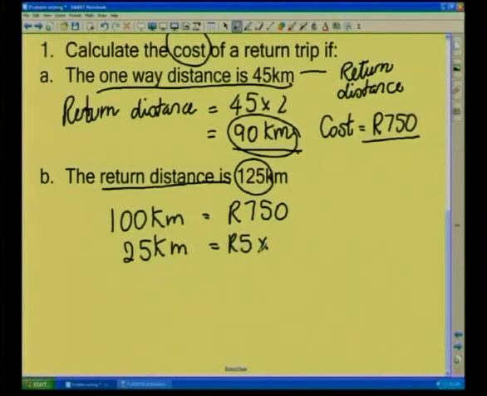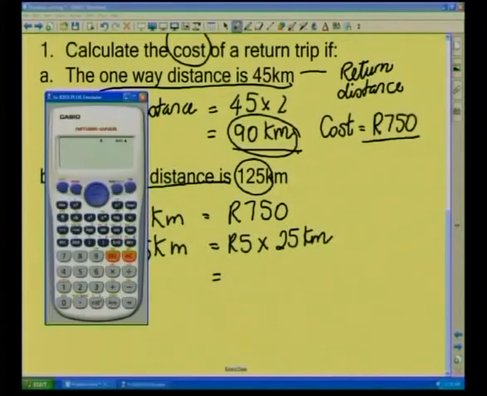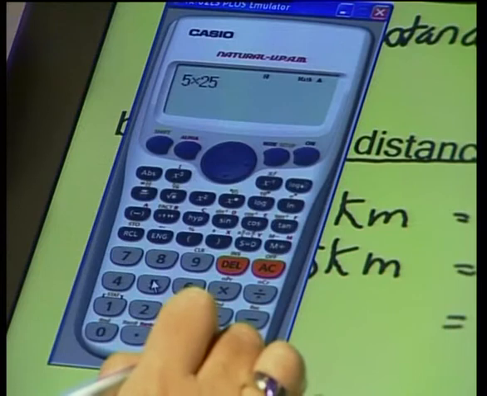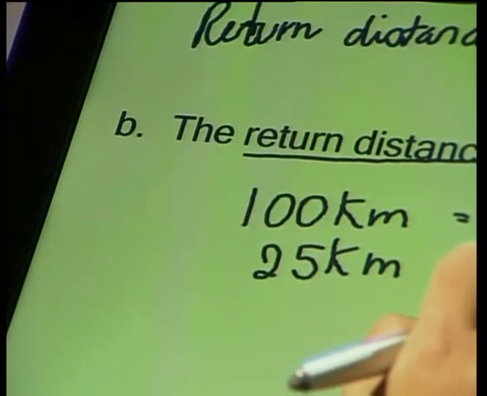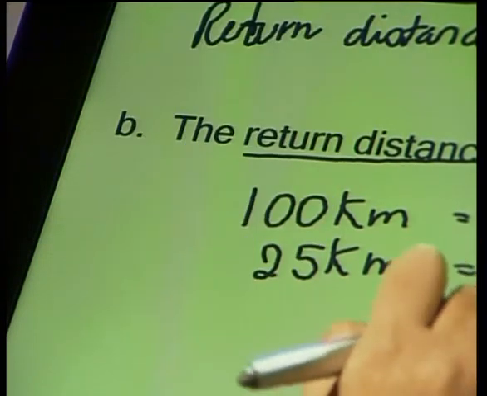So it's going to be 5 Rand times 25 kilometers, which is equal to, using our calculator, 5 times 25 equals 125 Rand.